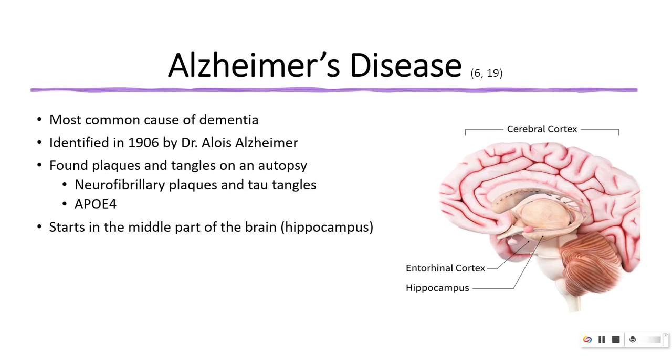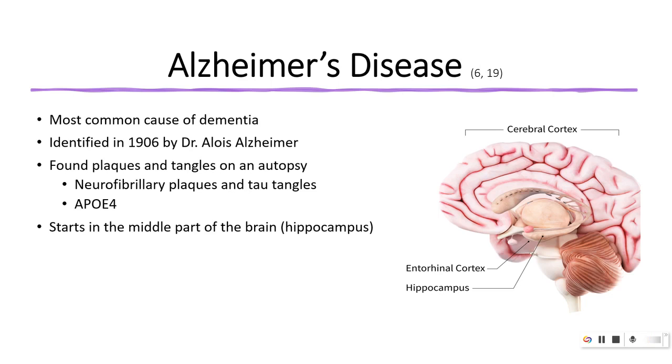But remembering not everything's an absolute, so just because you have an APOE4 gene doesn't necessarily mean you're going to get Alzheimer's. If you have two of the APOE4s, one from your mom and one from your dad, that gives you a higher risk factor of having Alzheimer's disease. So they're trying to do some work on this whole cholesterol carrying APOE.